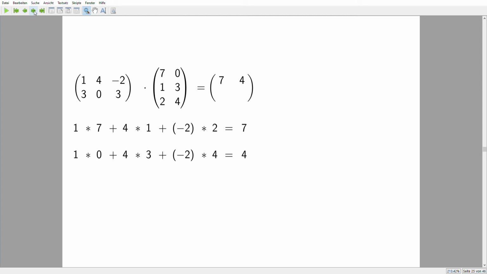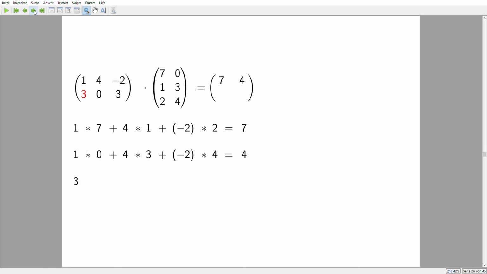Then, for the element with indices 2, 1, which means row 2, column 1 of our new matrix, we form the product of row 2, first matrix, and column 1, second matrix.